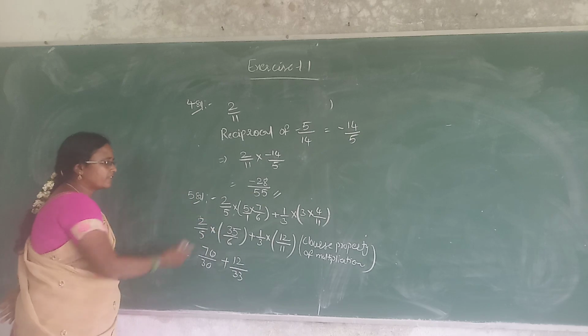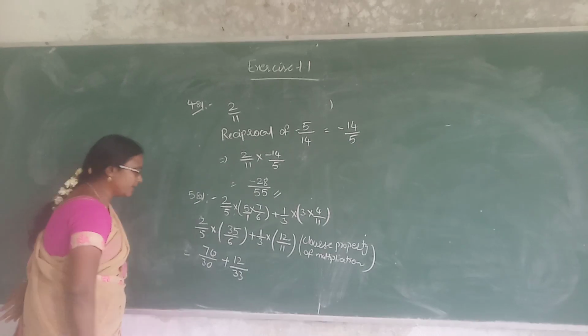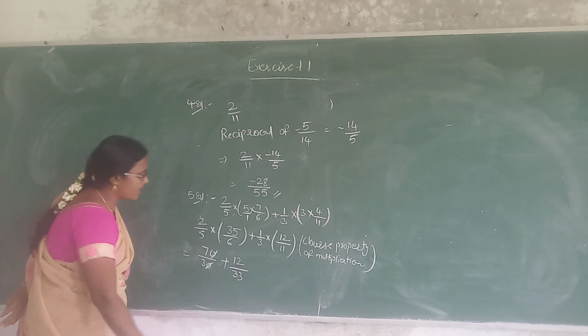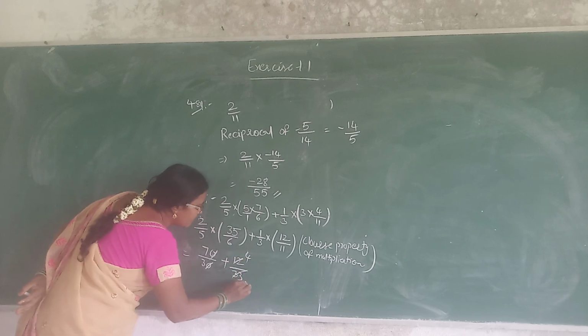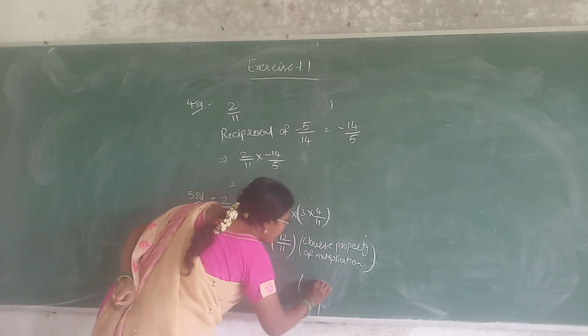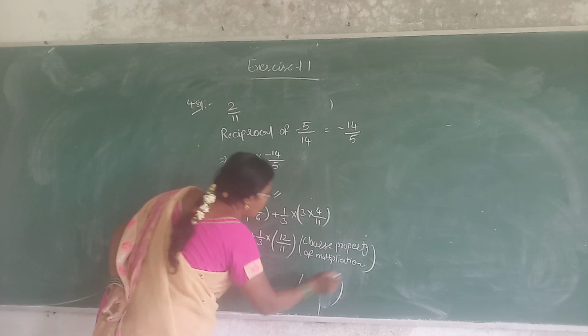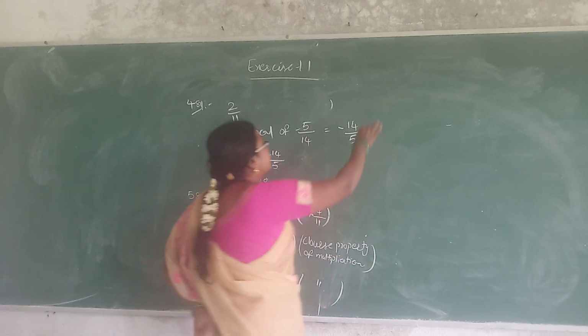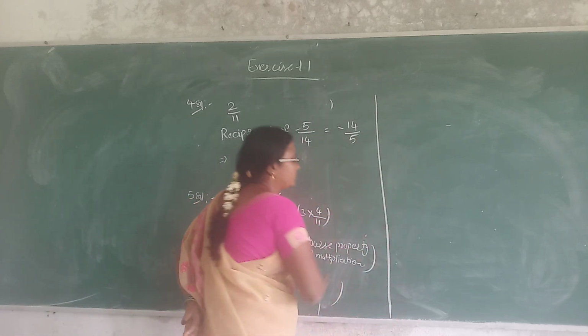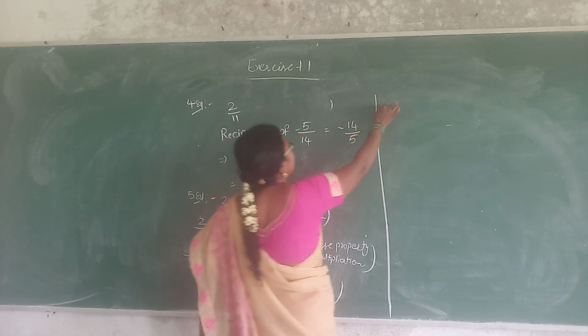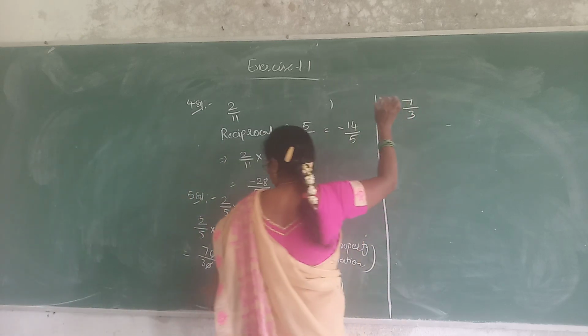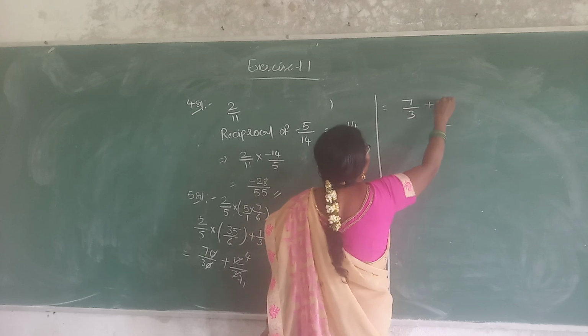We can cancel here, or we can cancel it here also. 0, 0 gets cancelled. 3 fours are 12, 3 elevens are 33. Again I am using the same property here, the closure property of multiplication. So now the solution becomes 7 by 3 plus 4 by 11.